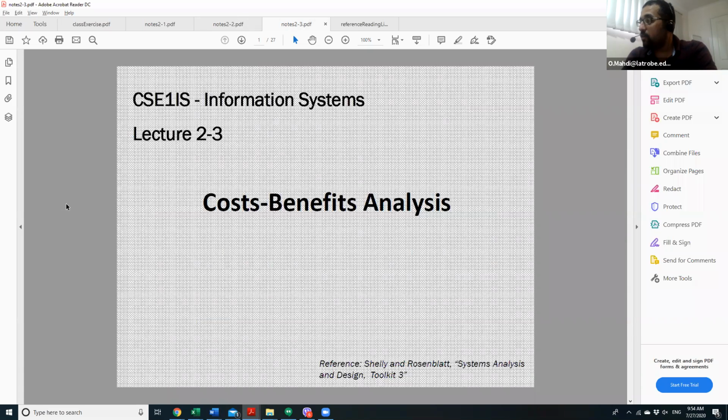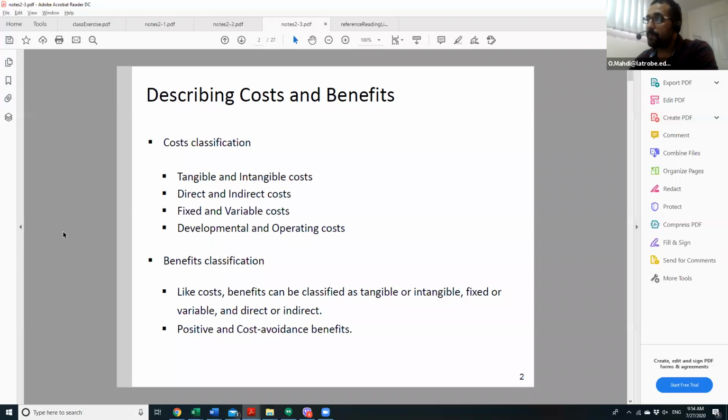All right. So what does that mean, the cost benefit analysis? Why do we need to have such analysis for a new project? Do you have an idea why we need to have cost benefit analysis? What comes to your mind when you hear cost benefit analysis for any information system?